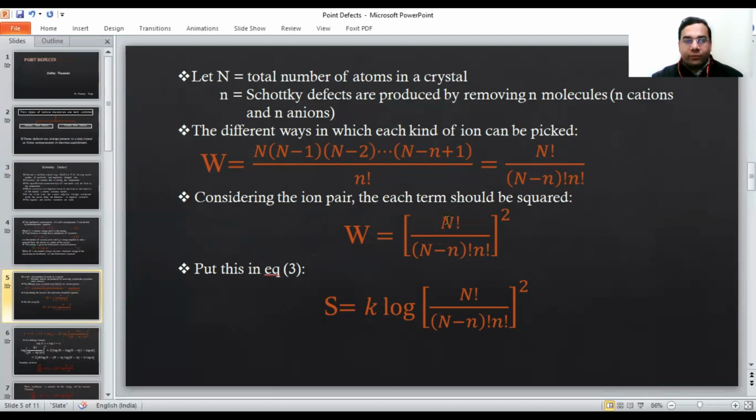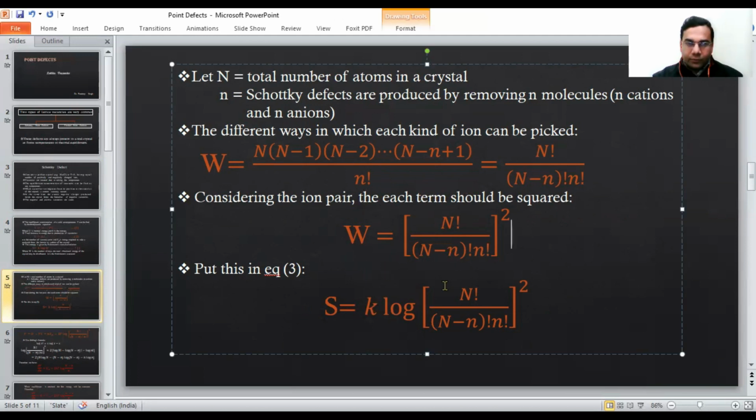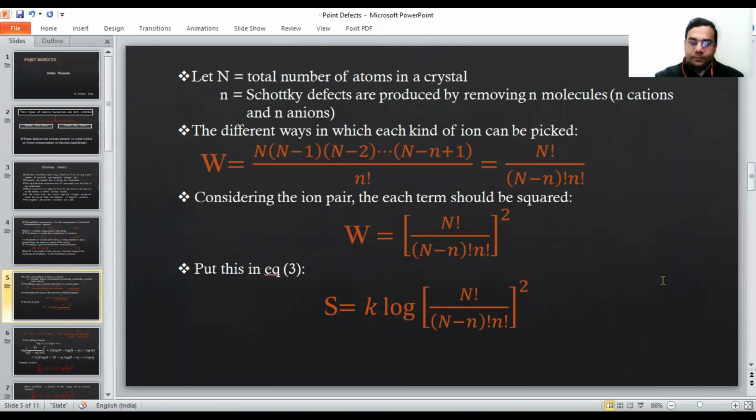Now put the value of W in equation 3 into the previous equation, that is S equal to k log W. The value of W is substituted, and this equation becomes k log of N factorial over N minus n factorial into n factorial, its whole square.